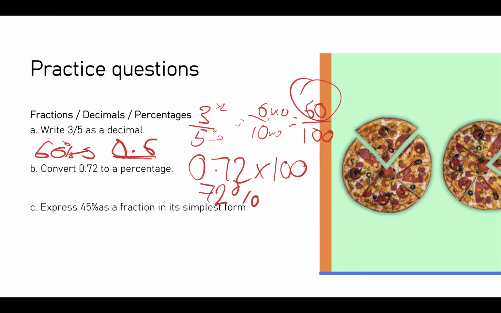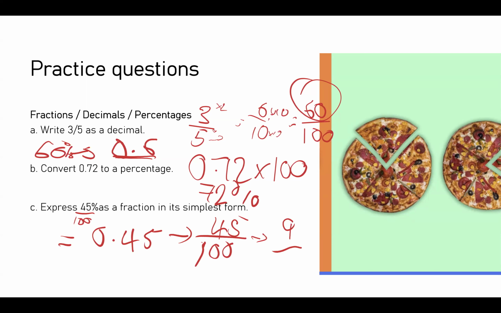So to find out the decimal, we divide it by 100, which equals 0.45. Now, if we express that as a fraction, it would become 45 over 100, but we want it in its simplest form, and we know that 5 goes into both of these, so 5 goes into 45 9 times, and 5 also goes into 100 20 times.